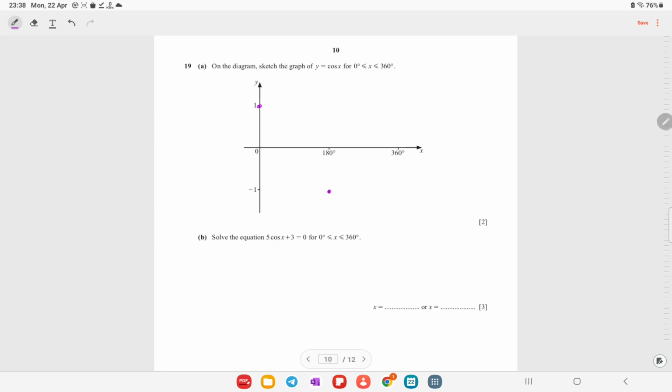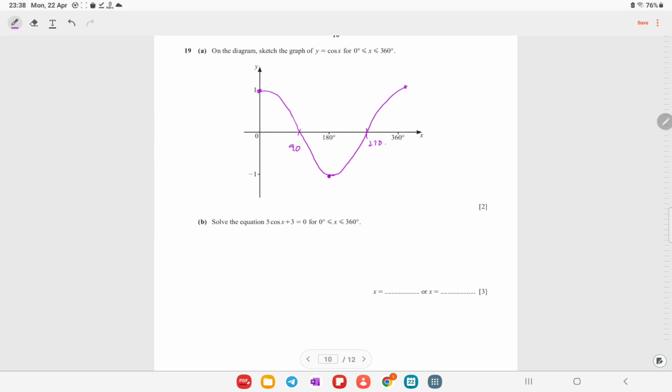So this is the point. And at cos 360, it's going to be 1. So you can easily draw the curve like this. Basically this is going to be 90 and this is going to be 270. But this is how you draw this.